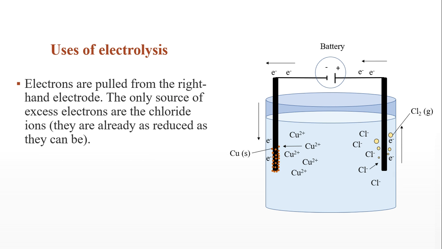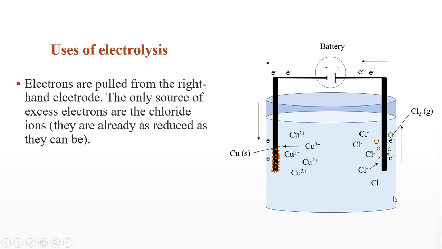On the right-hand side of this simple electrolytic cell, electrons are pulled, right? So we need to get electrons from somewhere, and the only source of these excess electrons are the chloride ions, because they've gained as many electrons as they possibly can. They have already been as reduced as they possibly can.